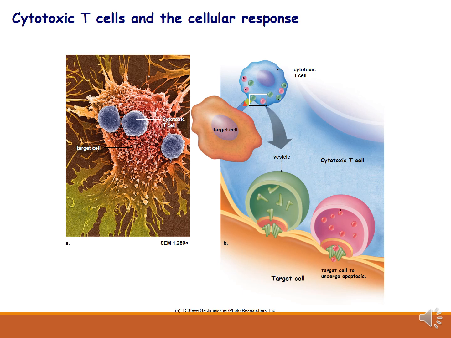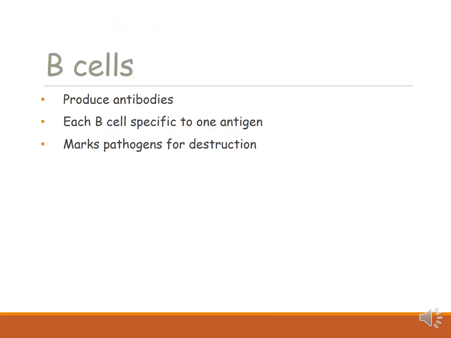Apoptosis, what we mentioned previously in our other unit, is like cell suicide. So the cell is becoming cancerous or it's virally infected, right? Hopefully the cytotoxic T cells can target it and cause its destruction.